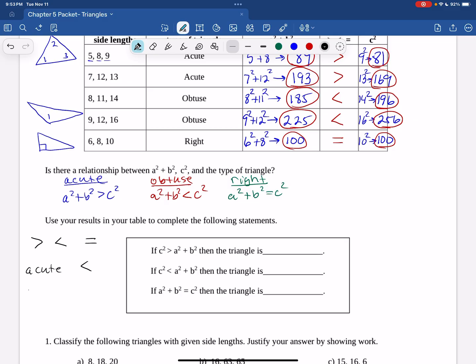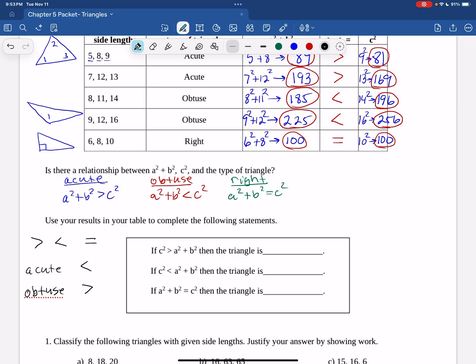And which one would you associate with the word obtuse? You'd probably say greater, just because obtuse is a big angle and acute is a small angle. So that's one of the reasons why, when we start using the Pythagorean theorem to classify triangles, we actually reverse the order of the formula or the theorem.